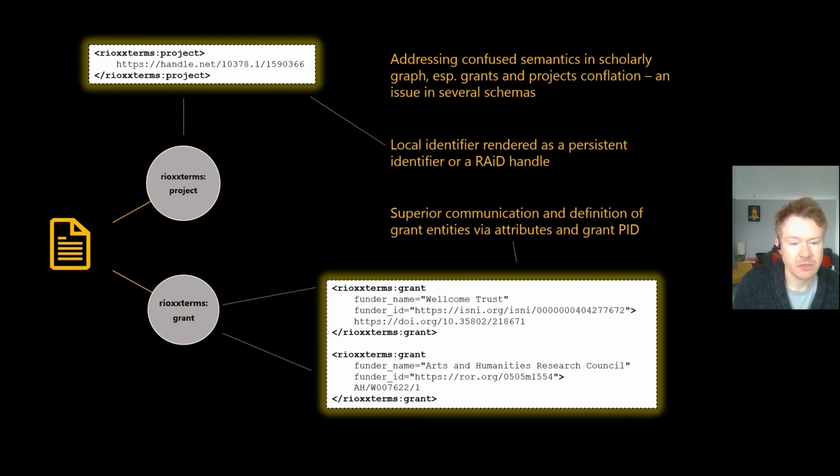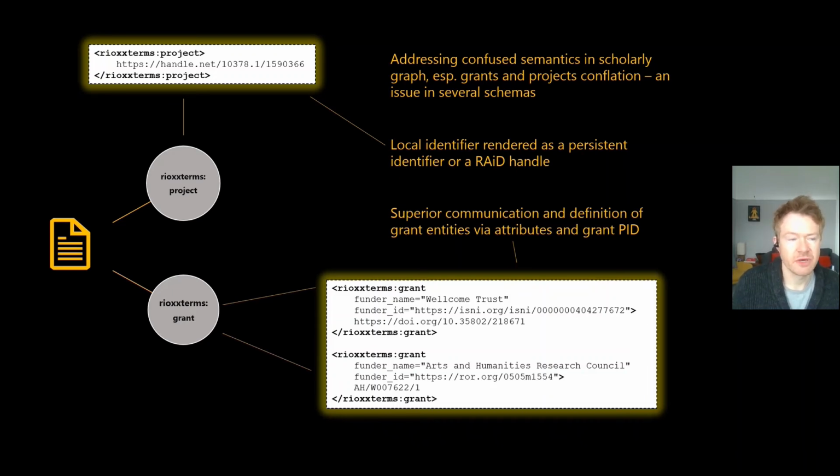We can see a similar treatment in our approach to grants and projects. This is historically an area where semantics have been confused within scholarly metadata schema, including in Rioxx version 2, where the idea of grants and projects is often conflated, and this is an error that's corrected in Rioxx version 3.